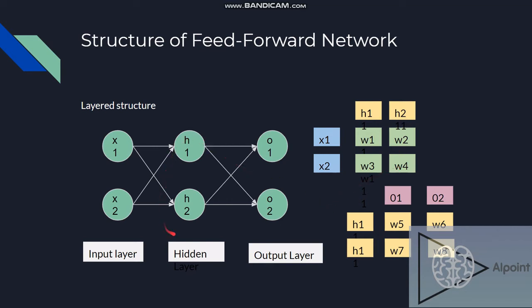Therefore, for these two layers, hidden layer and output layer, we have this matrix representation: h1 to output 1 w5, h1 to output 2 w6, h2 to output 1 w7, h2 to output 2 w8. So this is the basic structure.